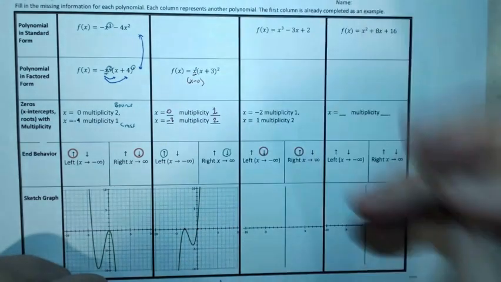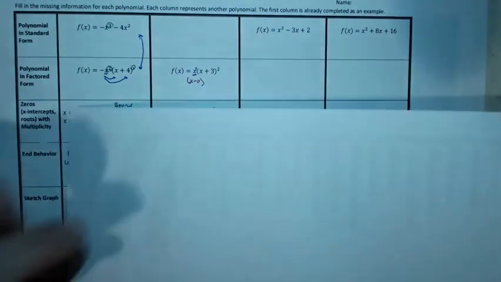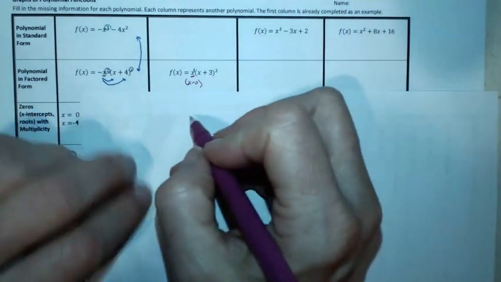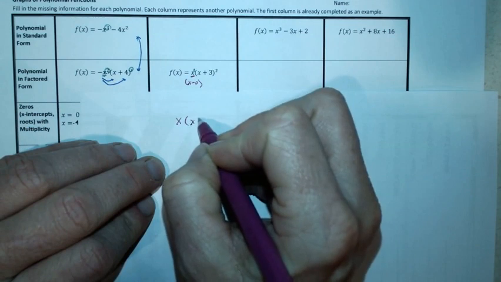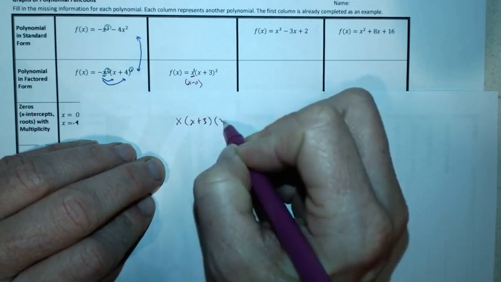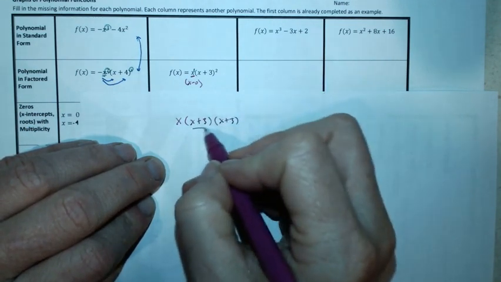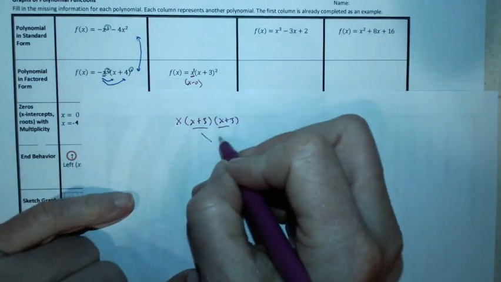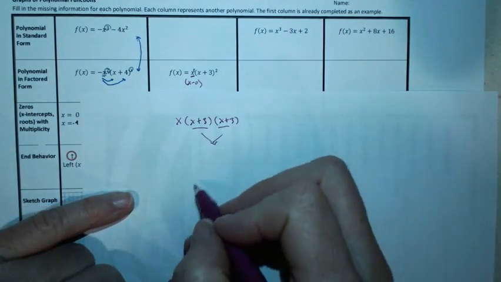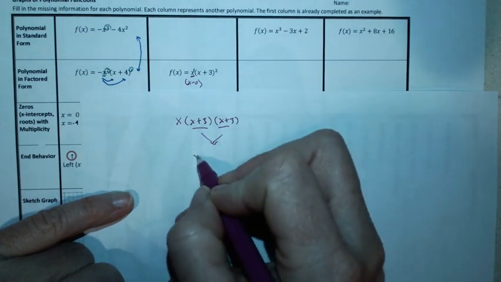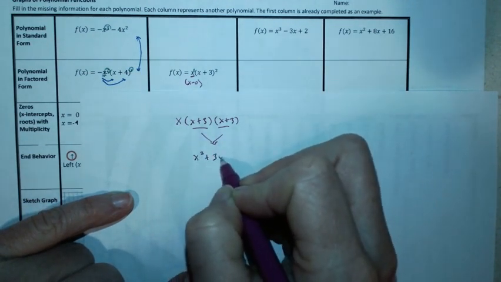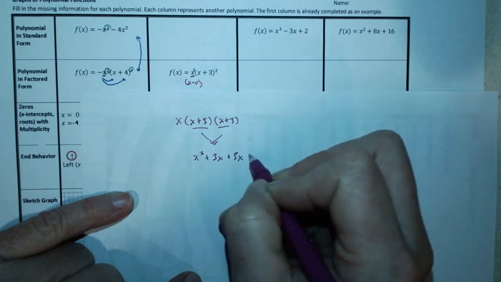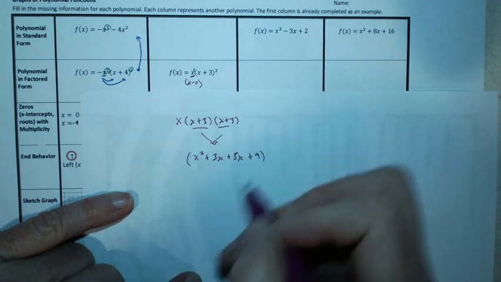Okay, now we just have to write it in standard form. The only way you write that in standard form is you're going to take this x times x plus 3 times x plus 3 again. So you're going to write that twice. It's a multiplicity of 2. I would probably take these two and multiply them together first. It's the easiest way to go. So I get x squared plus 3x plus 3x plus 9, right?